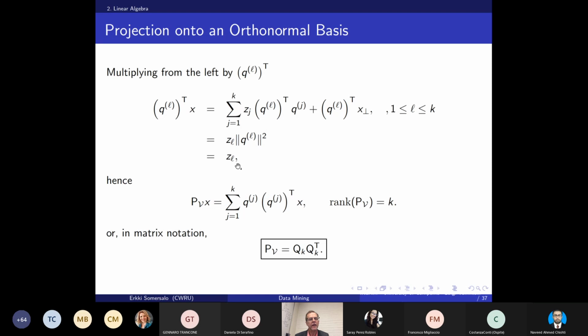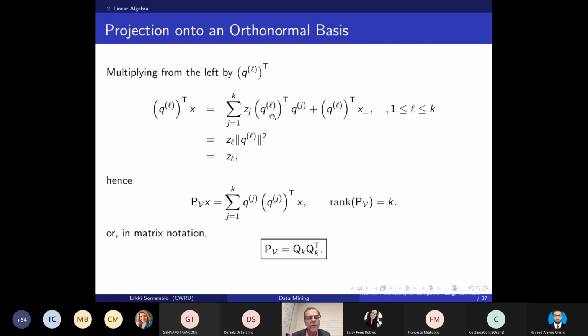So I'm taking an inner product with any one of those q's, ql transpose x, and plugging in this decomposition in terms of the unknown z. What I get is a sum of z's times the inner product of ql and qj, plus the inner product of ql and x perpendicular. Now, if I have the projection built correctly, x perp should be perpendicular to ql, so the second term vanishes.